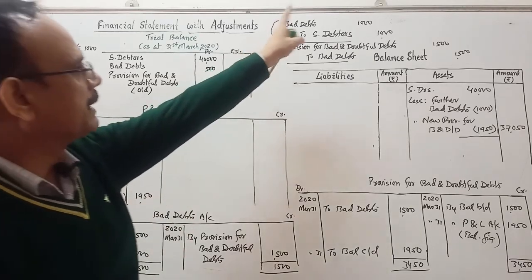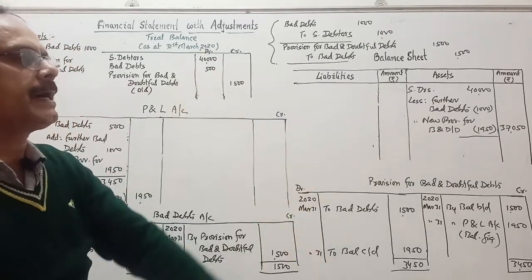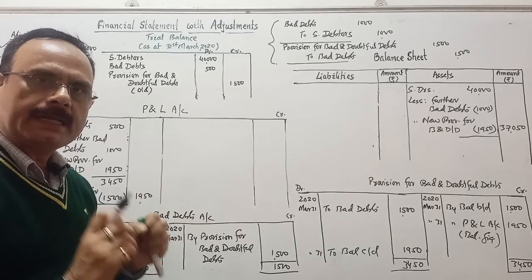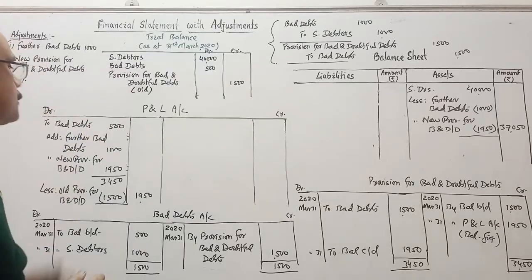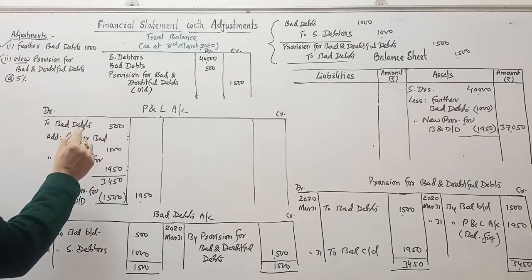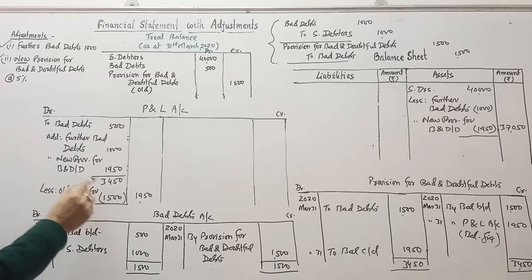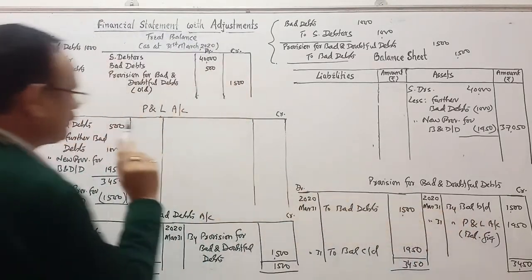This will be posted in the credit side by bad debts, and credit side by provision for bad and doubtful debts, and thereafter by balance carried down. So is it clear? In the debit side, bad debts, further bad debts, less new provision. Add new provision and less old provision for bad and doubtful debts, and write the amount in the outer column, or you may write directly to provision for bad debts 1950 in the outer column.